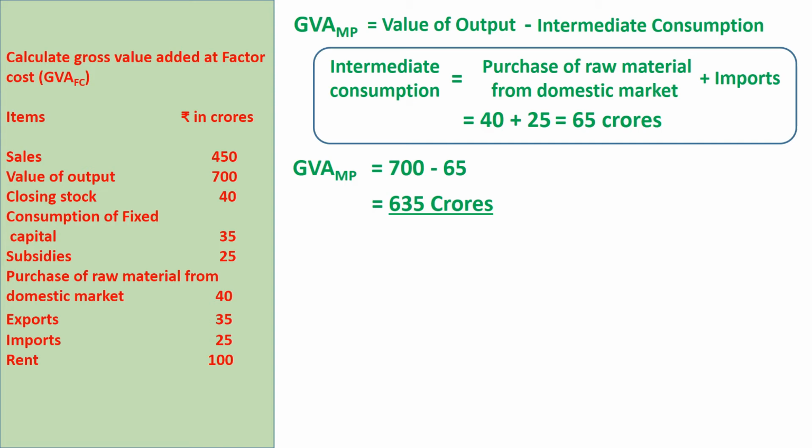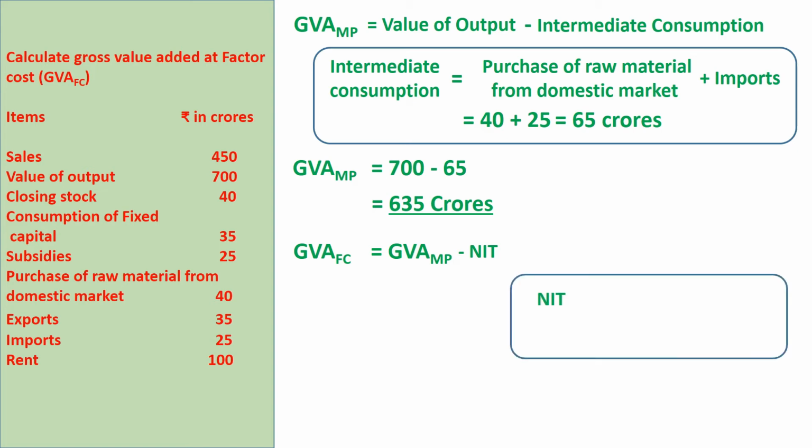Now we will convert it into factor cost. GVA at factor cost is equal to GVA at market price minus net indirect taxes, to convert market price into factor cost. Here NIT is not given directly, so we will calculate NIT. Net indirect taxes are equal to indirect taxes minus subsidies.